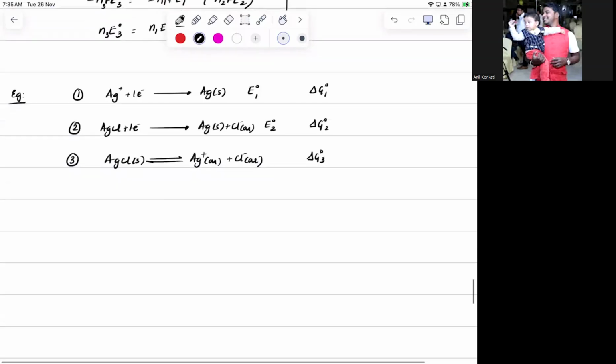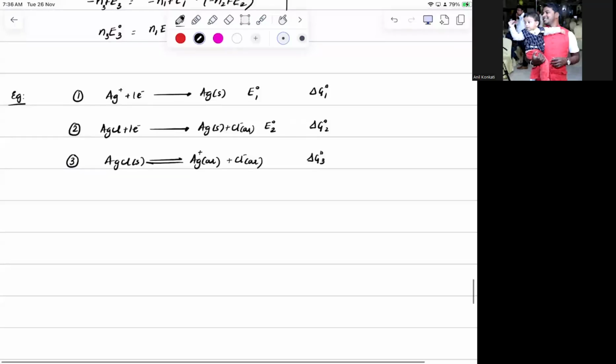If you just simply subtract 2 minus 1, we should be able to get it. Here it is aqueous only. So delta G naught 3 can be represented as 2 minus 1, that is, delta G naught 2 minus delta G naught 1.